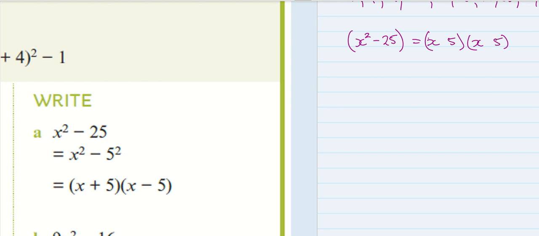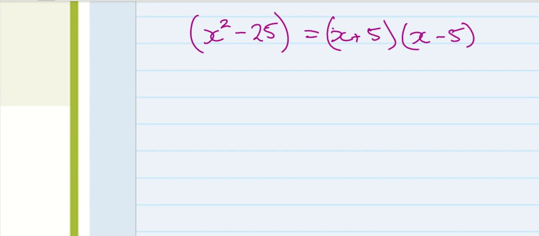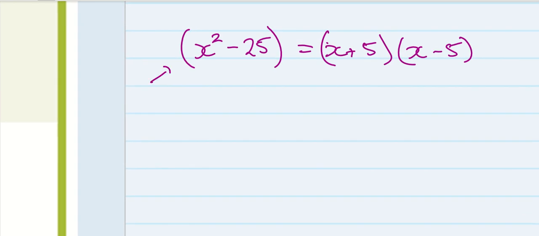Now the trick here is this is a difference of 2 squares rule, so we've got a +5 and a -5. Let's just expand this out and see what it actually looks like and why we can take the shortcut from here to the first step.